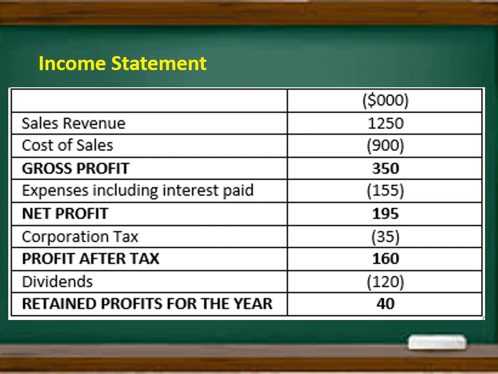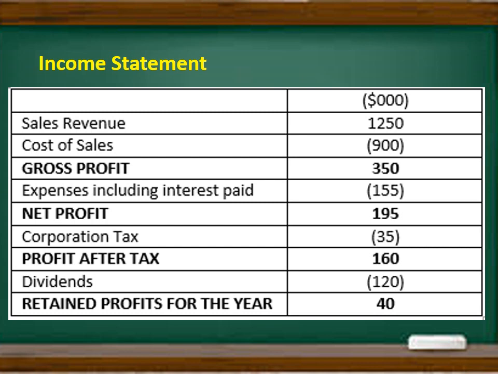It has different components. If you look at this given statement, you see the sales revenue, you see the cost of sales, which helps us determine the gross profit. From the gross profit, you deduct the expenses and the interest paid, and you get the net profit.